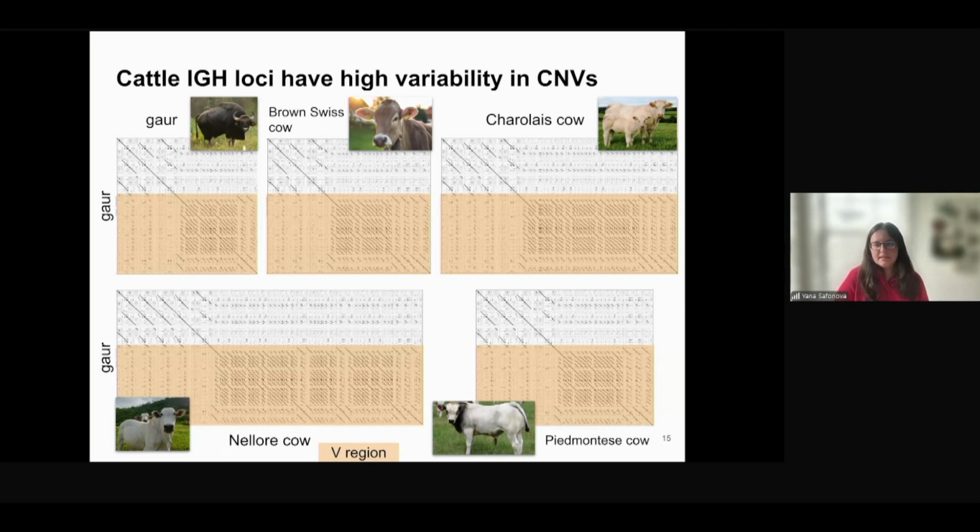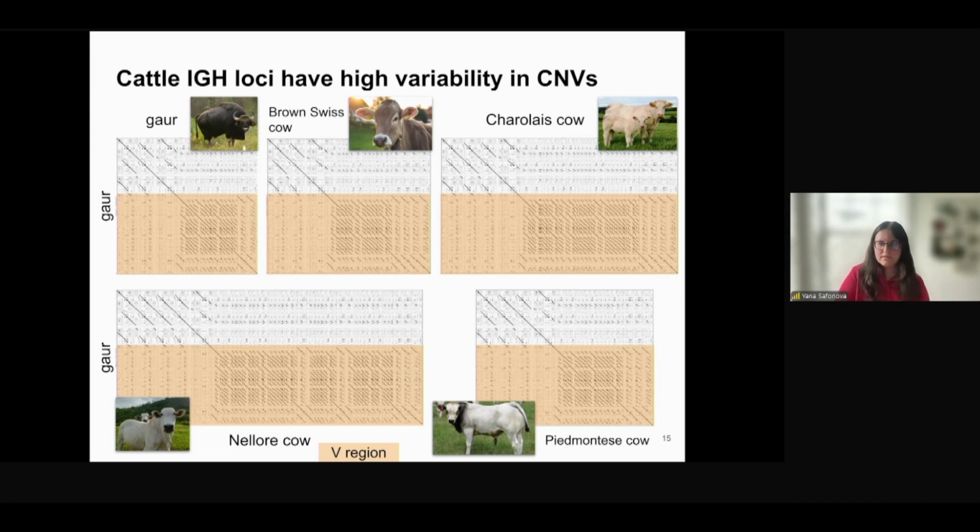And we cannot say that this is the reference cattle immunoglobulin heavy chain locus or this one, because they are so different and sometimes they can be even 2-3 times longer as compared with each other. So it creates a lot of new questions on how we are going to study and represent these immunoglobulin heavy chain loci, because there are a lot of downstream questions related to cattle health and diseases.